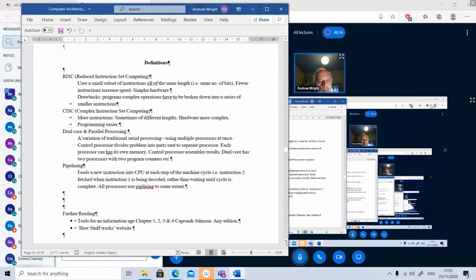Okay. Dual core and programs. Years ago, we used to have a CPU that did one instruction at a time. Obviously, it would do the instructions very, very quickly, but still only one instruction at a time. Now with what they call dual core or quad core or 8 core or whatever, you can do 8 instructions instead of 1.